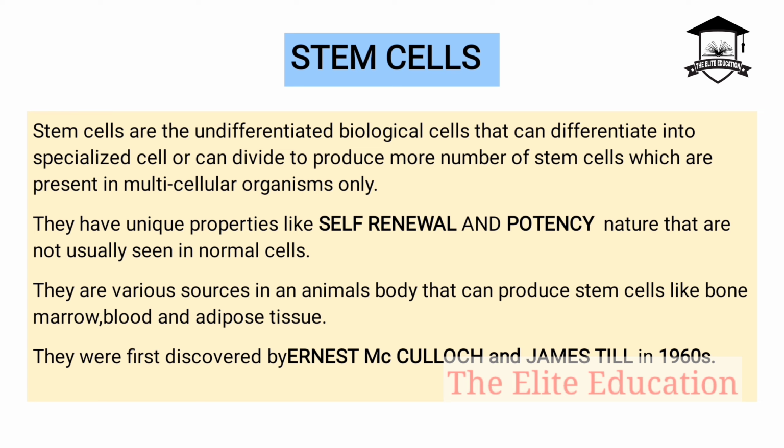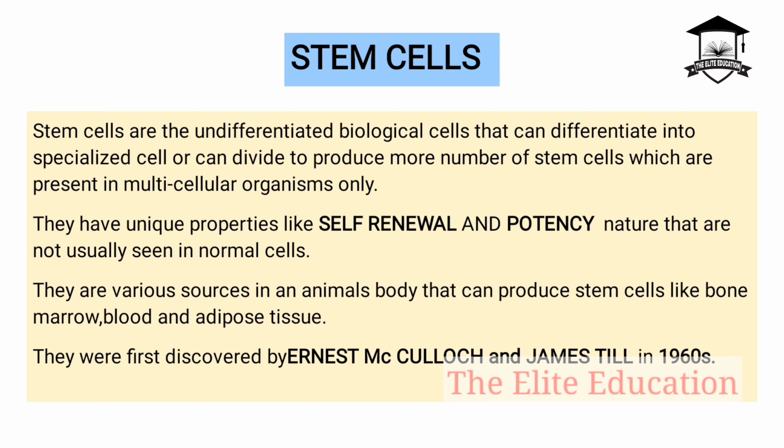Or they can divide to produce more stem cells. For example, there is one stem cell, it has divided into two, and now the two daughter cells obtained from this division can either give rise to the next generation of stem cells or become specialized cells.